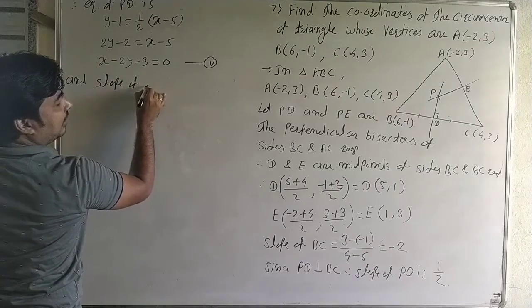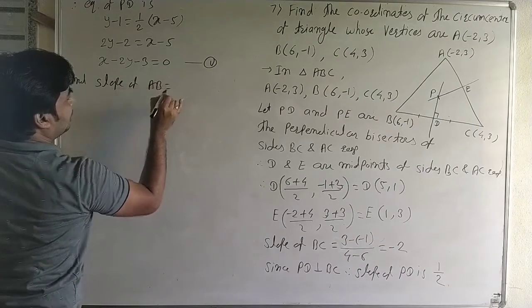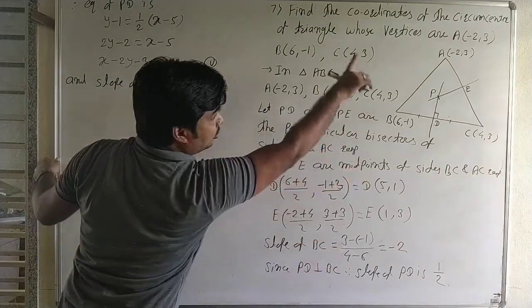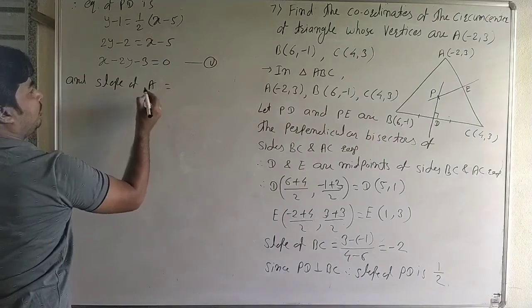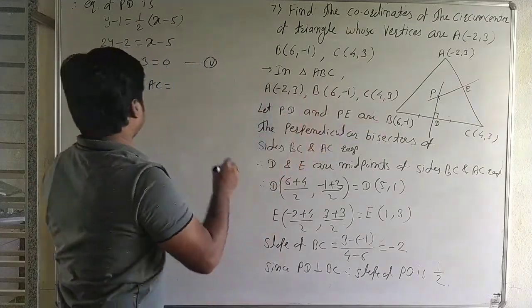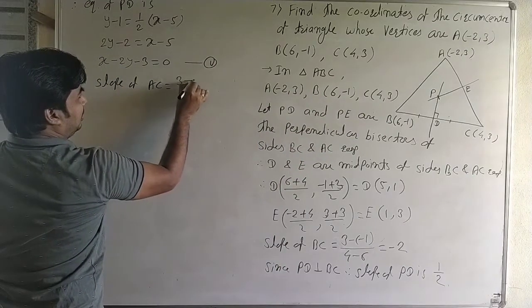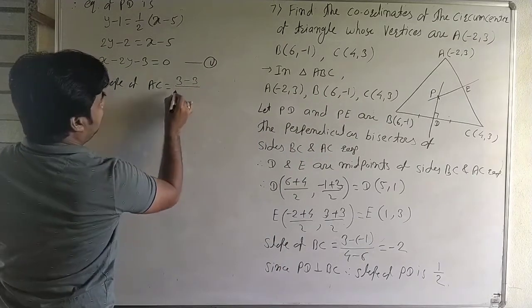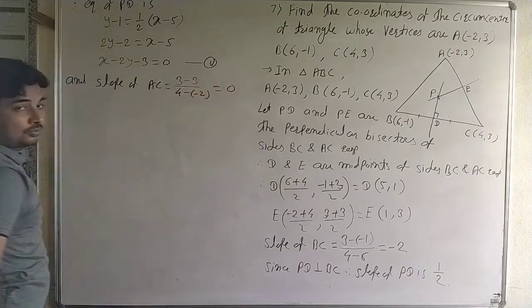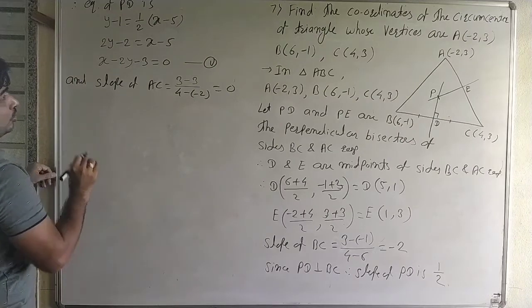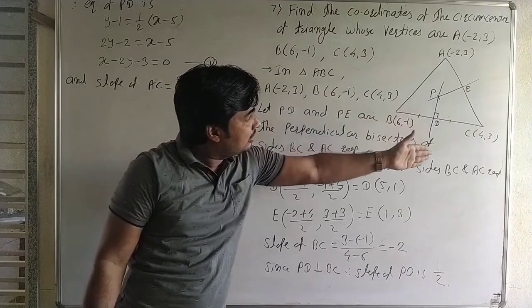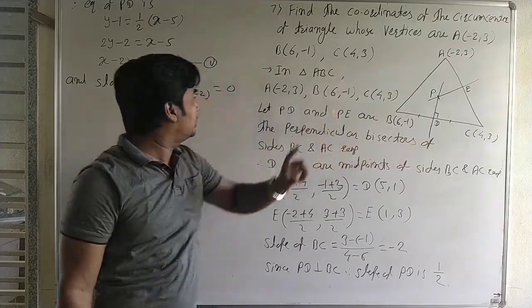Now we want to find the slope of AC. Slope of AC is y2 minus y1 upon x2 minus x1, that is 3 minus 3 upon x2 minus x1, which is 0.